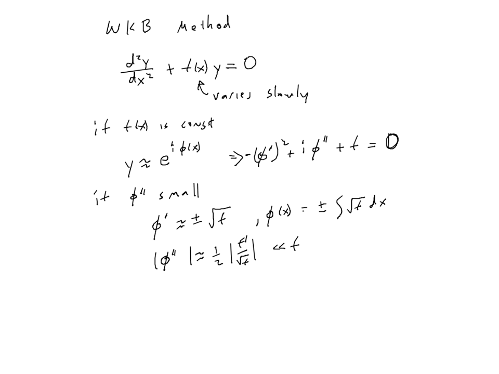What we can do now is say phi double prime is really equal to plus or minus 1/2 times 1 over square root of f times f prime. And so this is known as the second approximation.